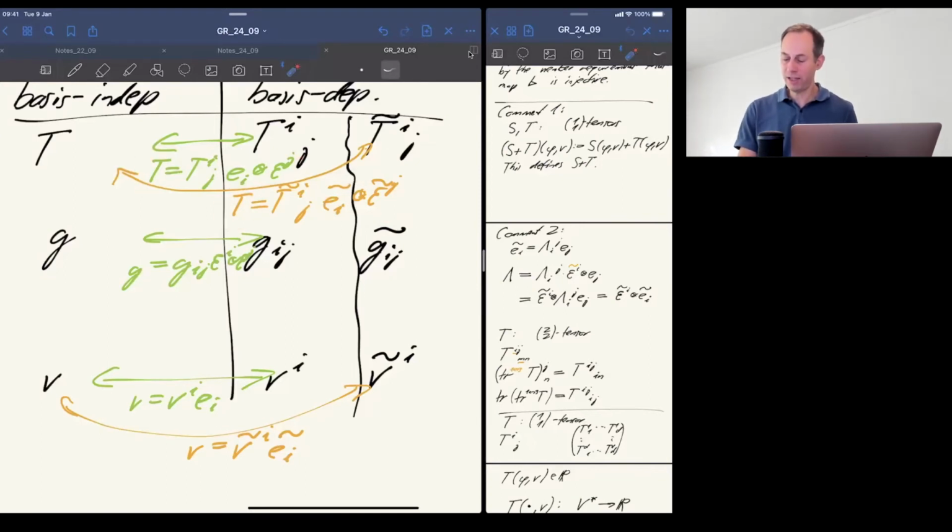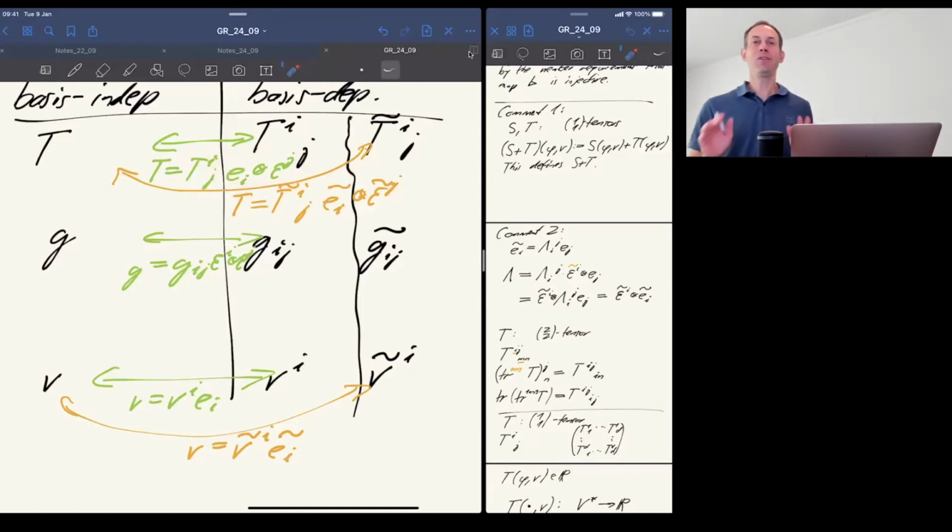So if you change the e and the epsilon to an e tilde and an epsilon tilde, in order to have the same T, these coefficients T and T tilde have to change. The basis transformations are mathematically defined exactly in such a way that the change imposed by going from here to here will be compensated by the change in the coefficients. So that defines the rule.